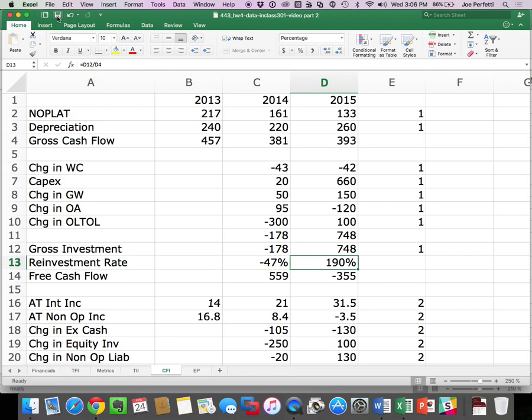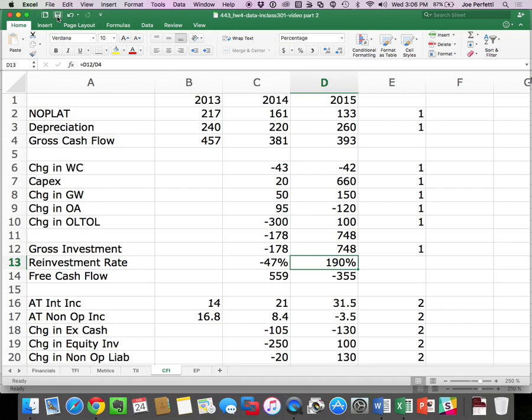So, what does that tell you? What does the reinvestment rate tell you? What does a reinvestment rate of 100% mean?